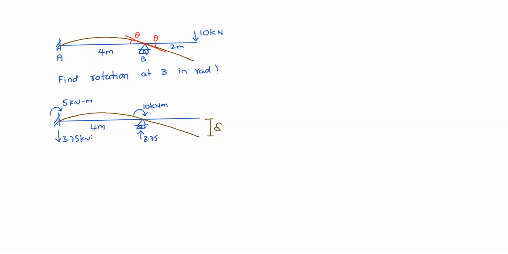Finally, you can draw the bending moment diagram or curvature diagram. It starts with 5 positive. Then here the moment is 3.75 into 4, that is 15, so it goes to -10.